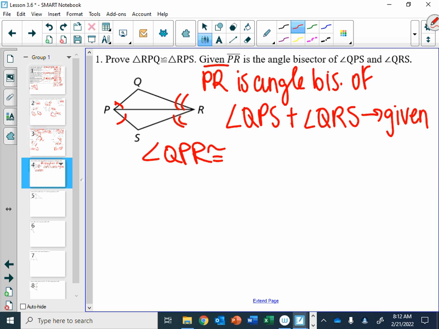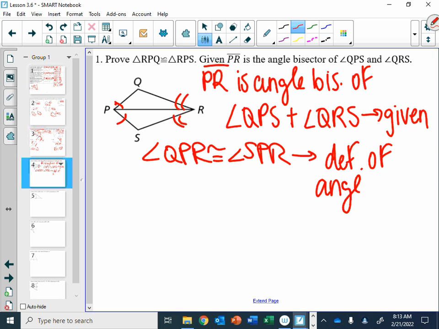There you go, SPR. I started with Q down here, so I have to start with S. So that's congruent to SPR, and we'll say by definition of angle bisector. By the definition of an angle bisector, those angles are congruent to each other.